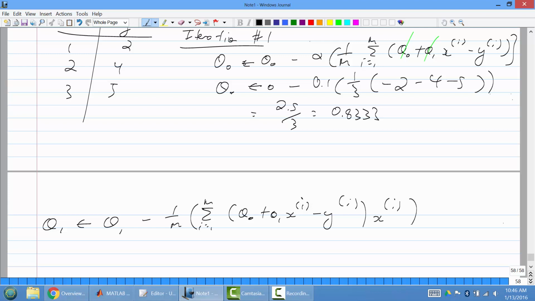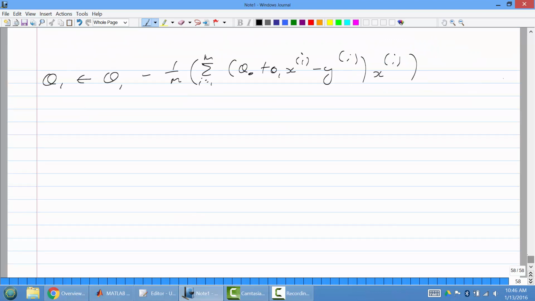All right, so let's compute this now. And if this was 0 from before, and I forgot the learning rate, I'm sorry about that. So the learning rate here is 0.1, and then 1 over 3, and this is all 0, of course, so again, you're just subtracting.